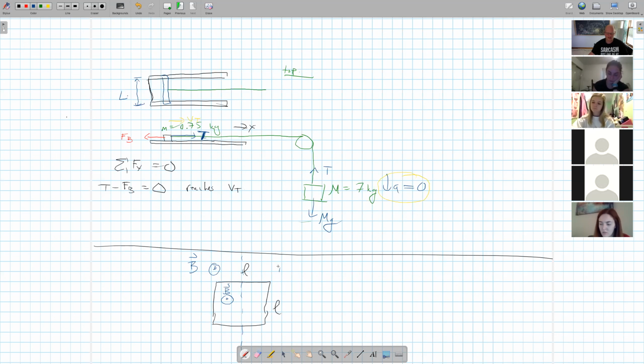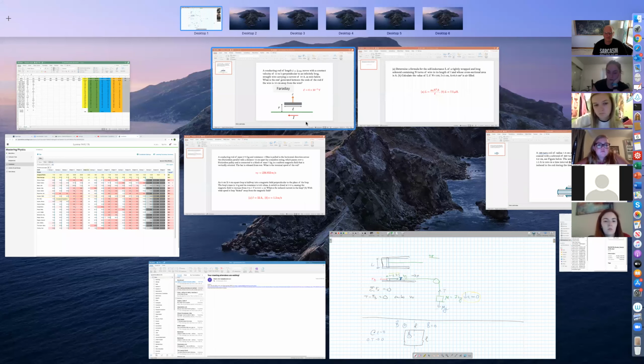And on this side, there is no magnetic field, so B is equal to 0. So what it's saying is at t equal to 0, we're going to turn on the magnetic field so that it increases from 0 Tesla to, how much was it? 1 Tesla.